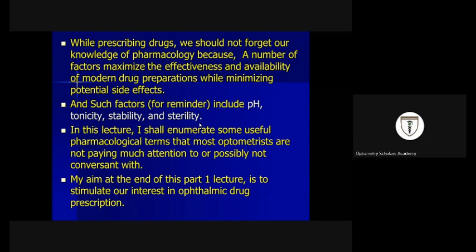Okay. In this lecture, we enumerate some useful pharmacological terms that most optometrists are not paying much attention to, and also they are not conversant with. My aim at the end of this part 1 lecture is to stimulate our interest in ophthalmic drug prescription.